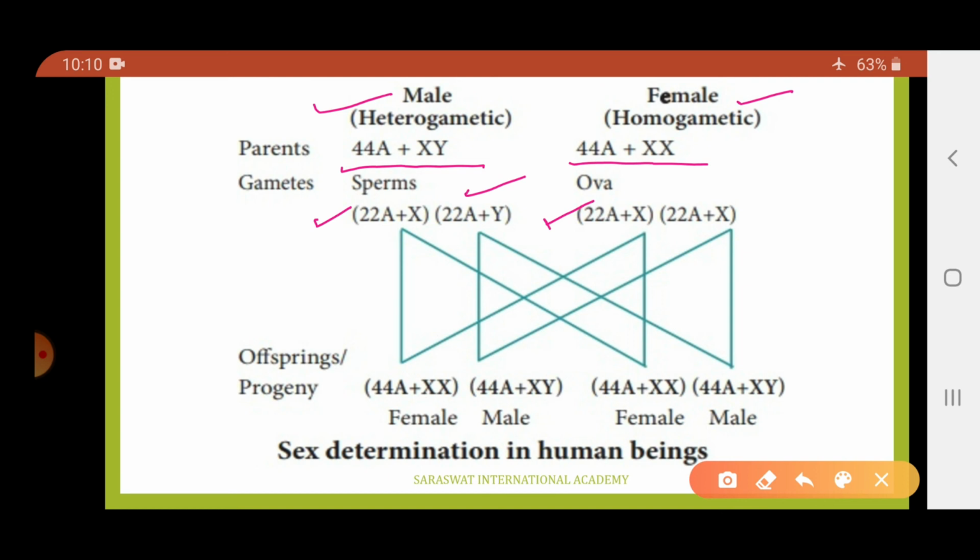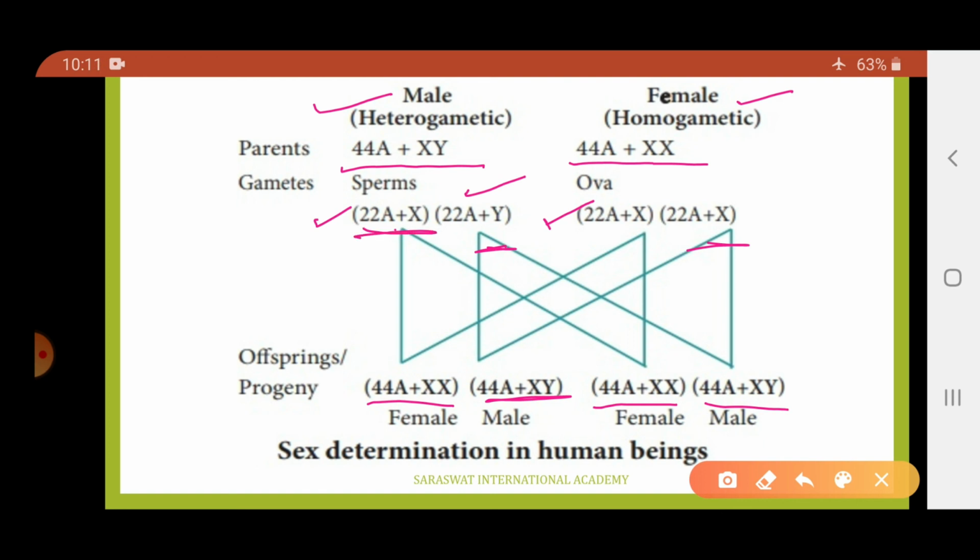Now, what would be the offspring or the progeny? If an X containing sperm fuses with the egg, it develops into a female. If a Y containing sperm fuses with the gamete, it will produce a male. So, what is the possibility? 50% chances are for the development of females and 50% for males.